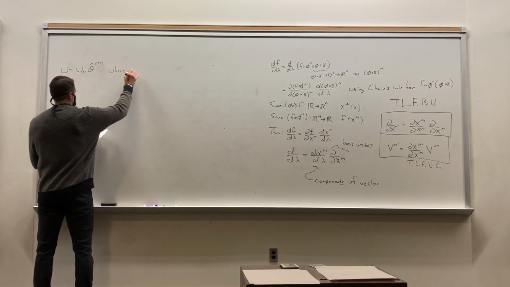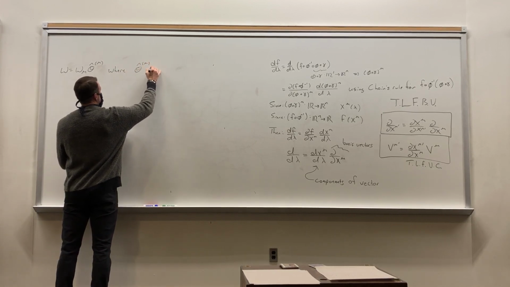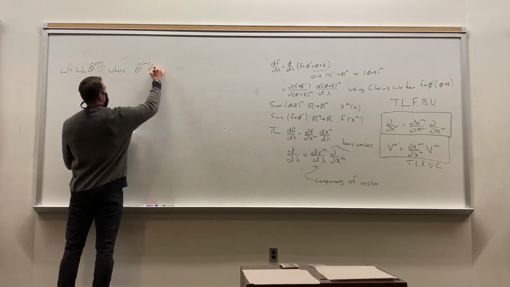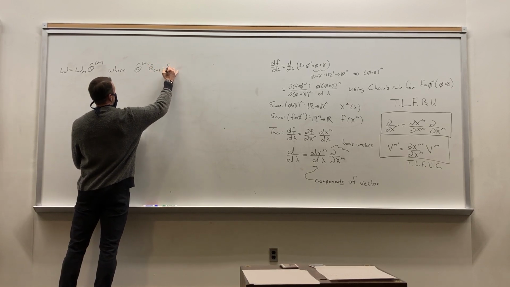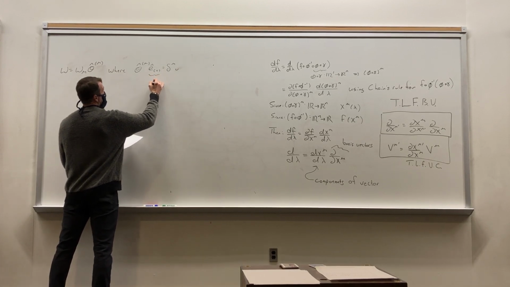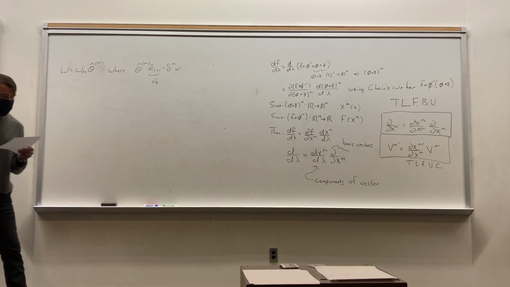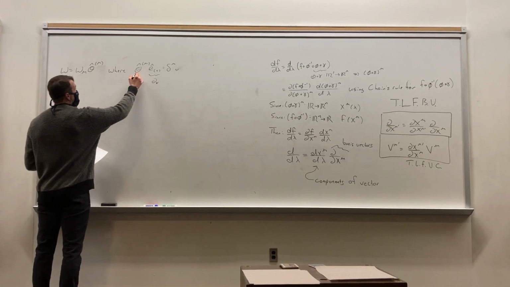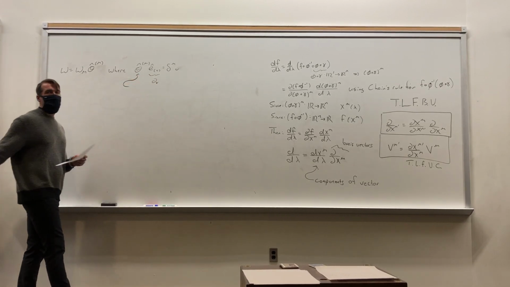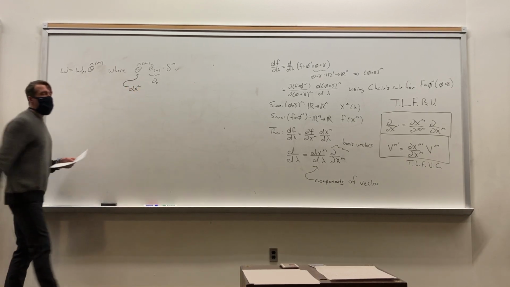But remember that a basis dual vector eats a vector and poops out a scalar. And remember, we've identified in this case that these are just partial derivatives. So we can call these dx mu.